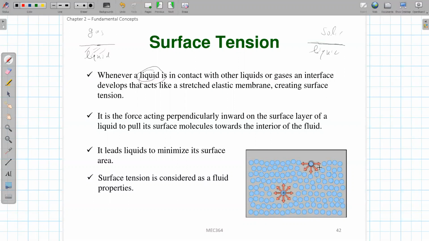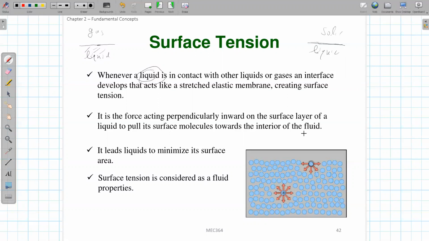So that's why we have surface tension: the inner particles want to drag the surface particle inside. In other words, you can think of surface tension as the force acting perpendicularly inward on the surface layer of the liquid, to pull its surface molecules towards the interior of the fluid.